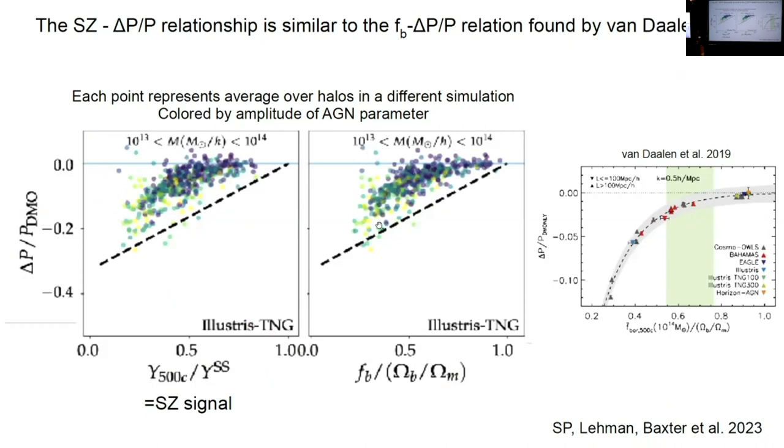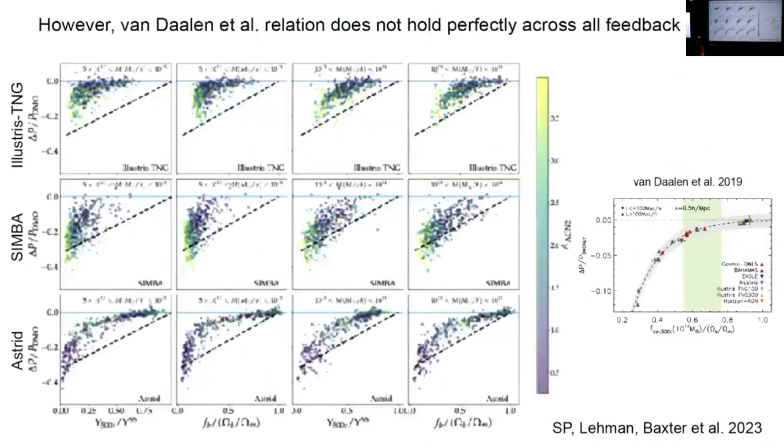This whole plot was just for one hydrodynamical prescription, IllustrisTNG, but you can try to see how this looks for different hydrodynamical prescriptions as well. Apologies for the low resolution. The right panel that you're seeing is the higher halo masses, and different rows are different hydrodynamical prescriptions, here TNG, Simba, and Astrid.